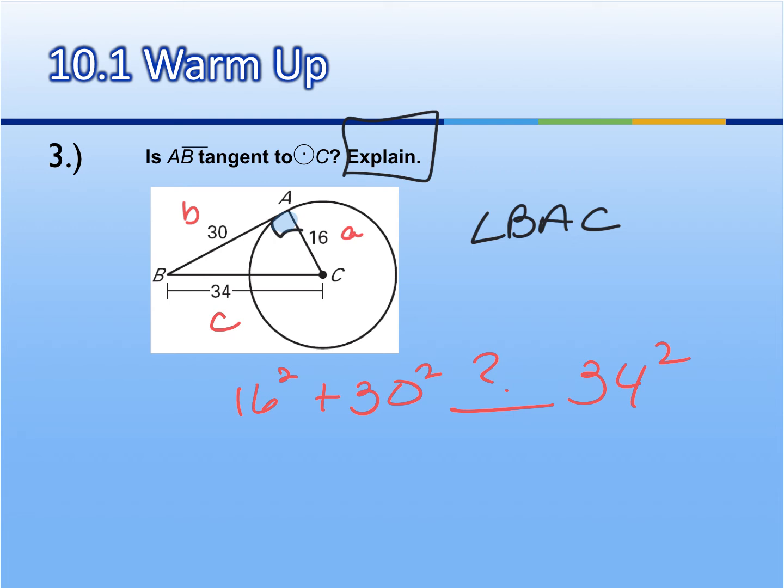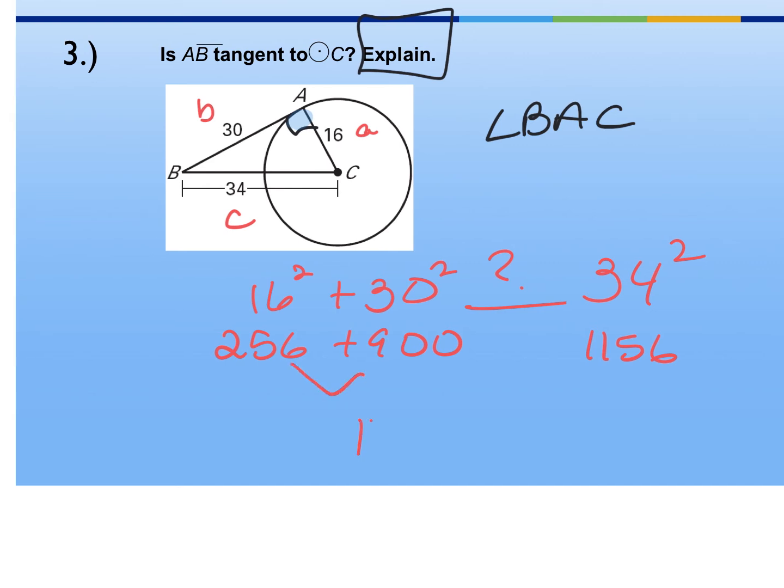So 16 squared, 256. 30 squared is 900. And 34 squared is 1156. Once I add these two, I found out that a squared plus b squared equaled c squared. So this told me I have a right triangle.